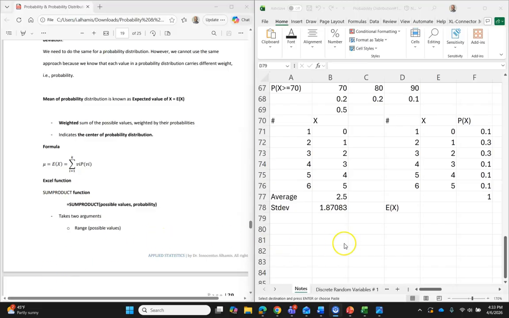So we need to know the formula for the expected value of x. Remember, here we just used the Excel function. So how do we find the expected value of x? We have to follow the following formula. It should be the sum of x times the probability of x.